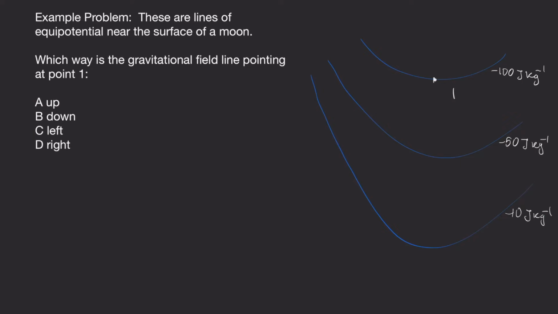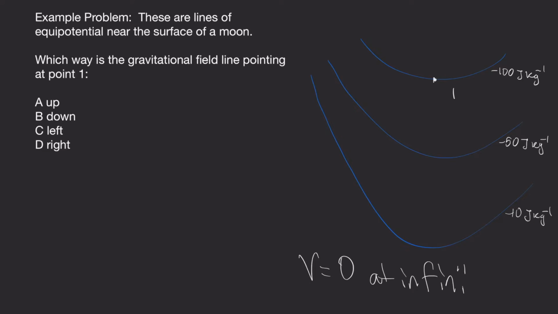And here's a really important problem on equipotentials. What we have here are lines of equipotentials near the surface of a moon. Which way are the gravitational field lines pointing at point 1? Now, one good strategy is to always start by thinking where infinity is. So remember, V, the gravitational potential, is 0 at infinity.